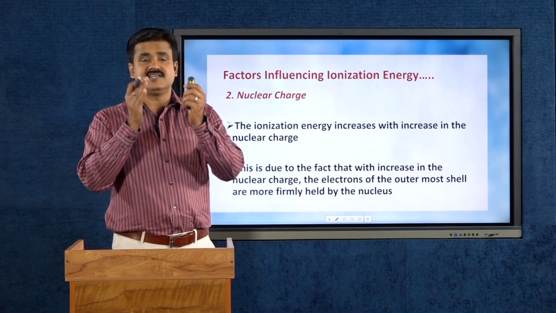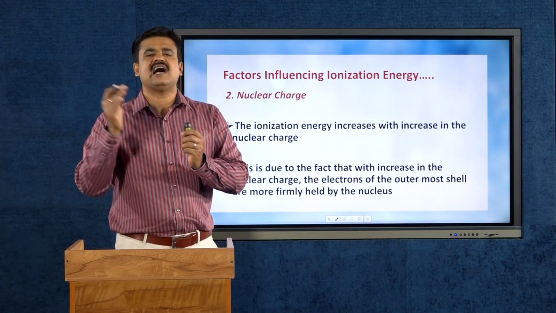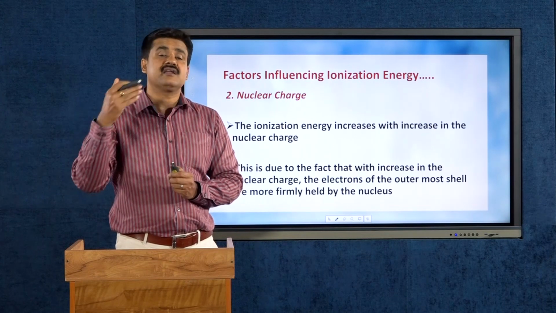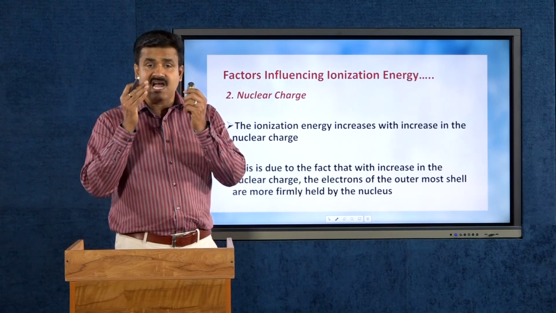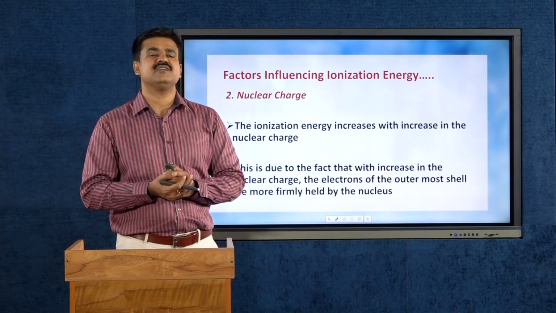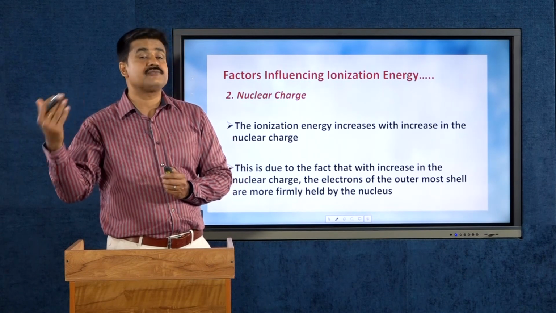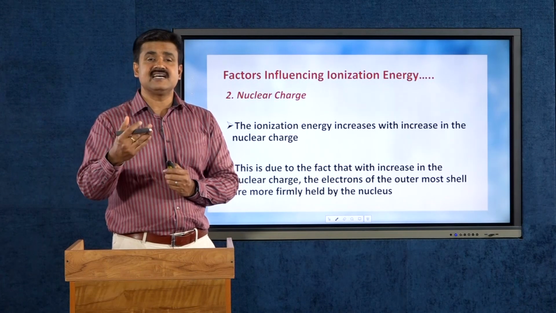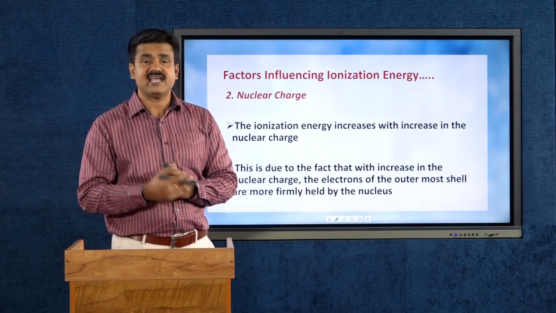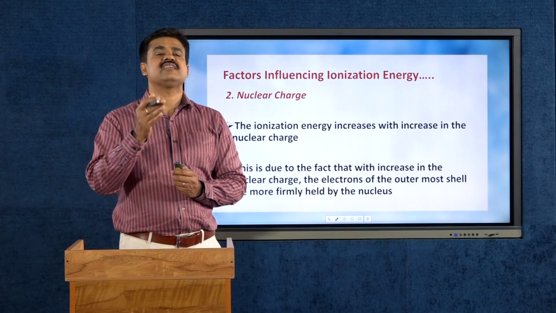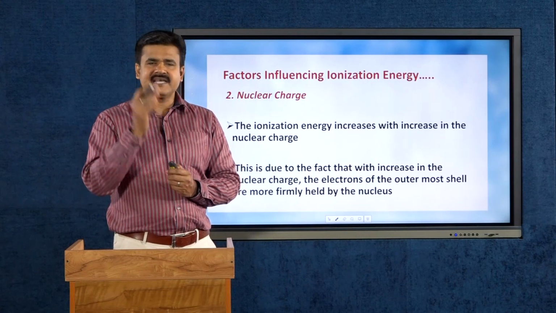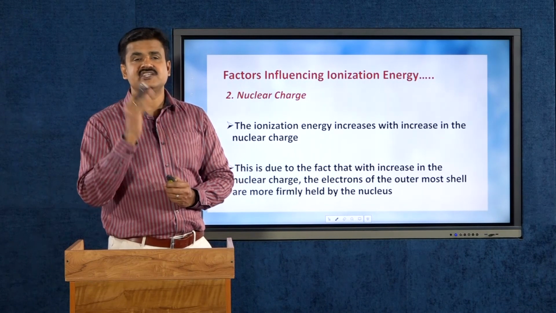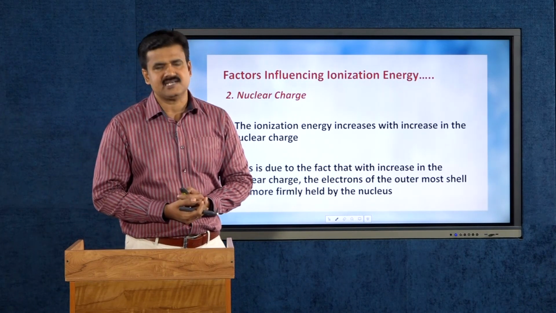That is, the distance between nucleus and the electron decreases. That means the electron under our consideration is under strong control of the nucleus, and hence it is very tough to remove. That means you have to provide high energy, which implies that the situation leads to high ionization energy. So we can conclude like this: ionization enthalpy or ionization energy is directly related to nuclear charge.